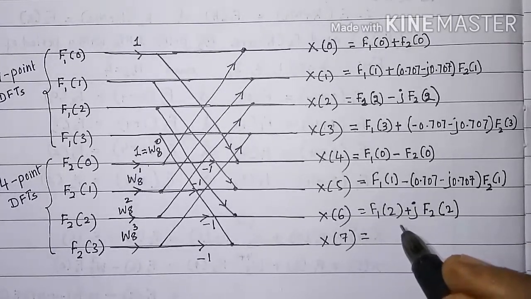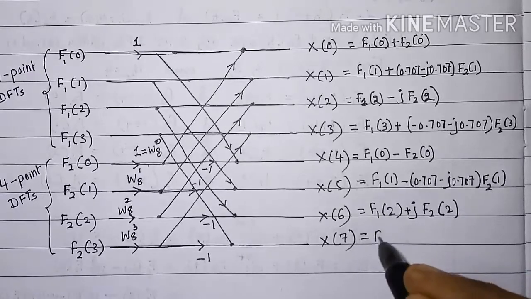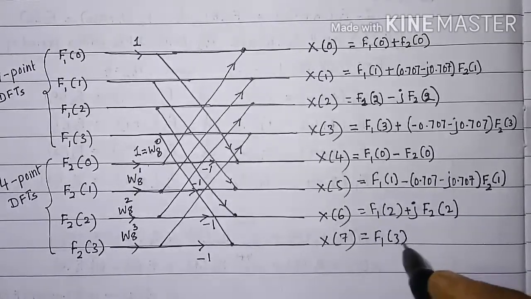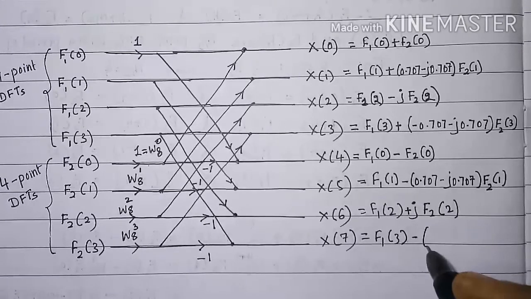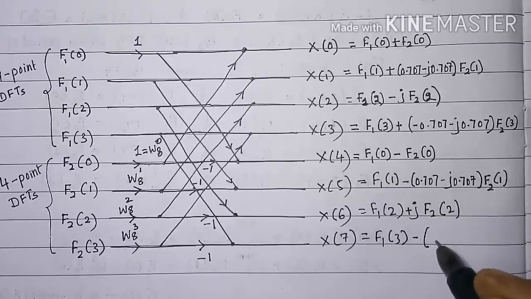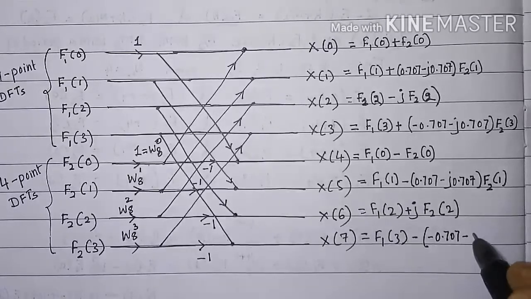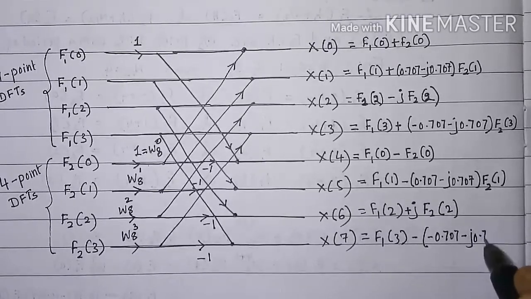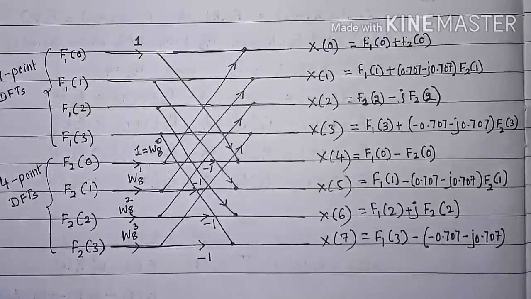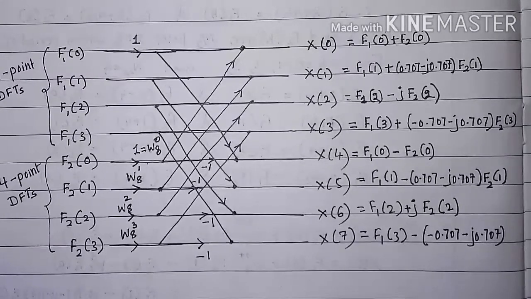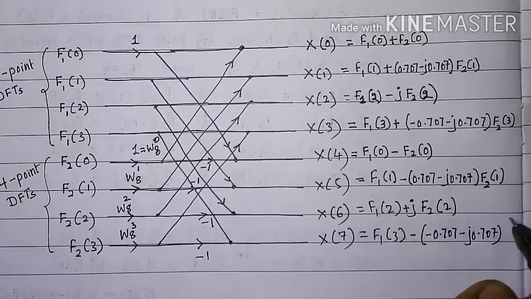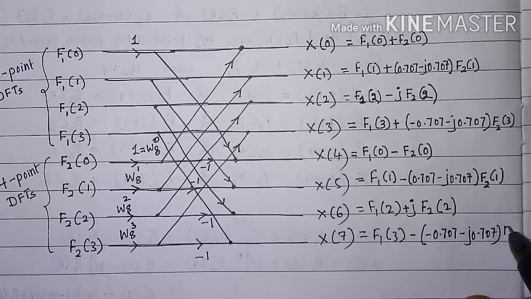X of 7 equal to f1 of 3 minus 0.707 minus j 0.707 f2 of 3.